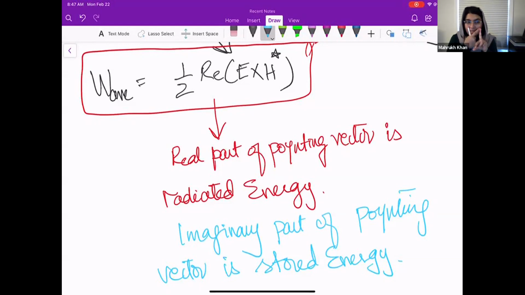The second thing we said is that when we think about time varying fields, our average power density is the real part of the Poynting vector, right? The third thing we said is that if we think about radiated power, that will be the integral of power density, right? So we said these three things.